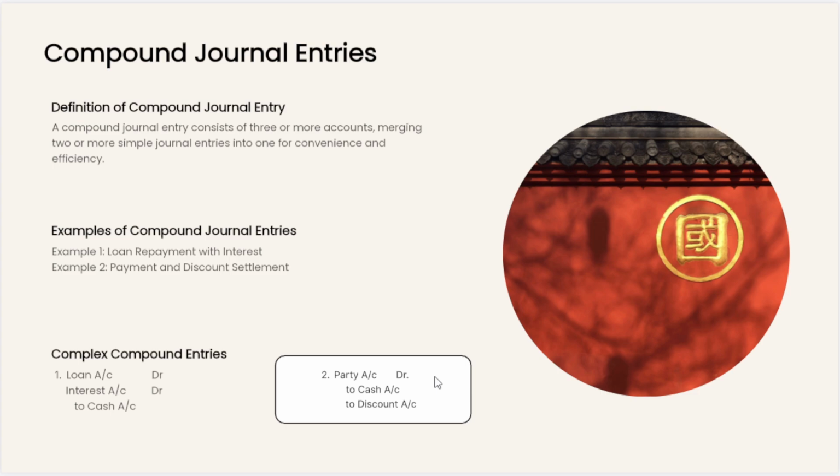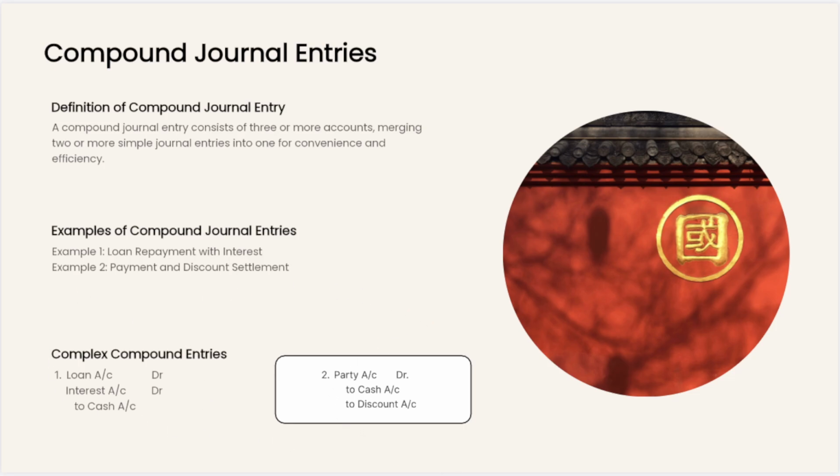It is going out, so cash account is credited. Discount: by making that payment, we got some discount. Discount is also a nominal account, and the golden rule is to credit all incomes and gains. So that's why we credited the discount account.